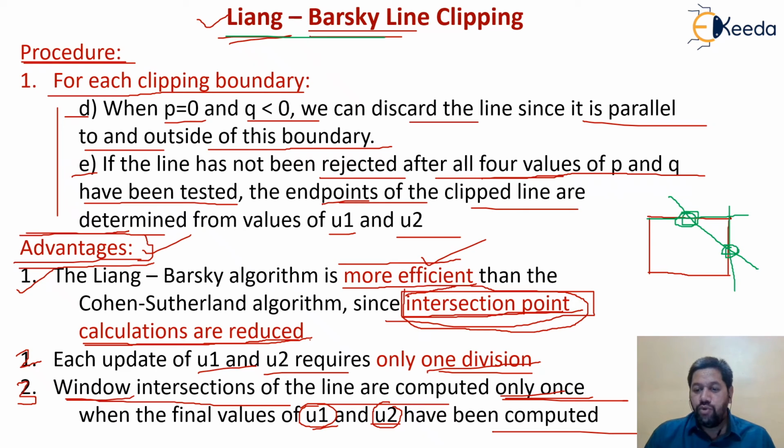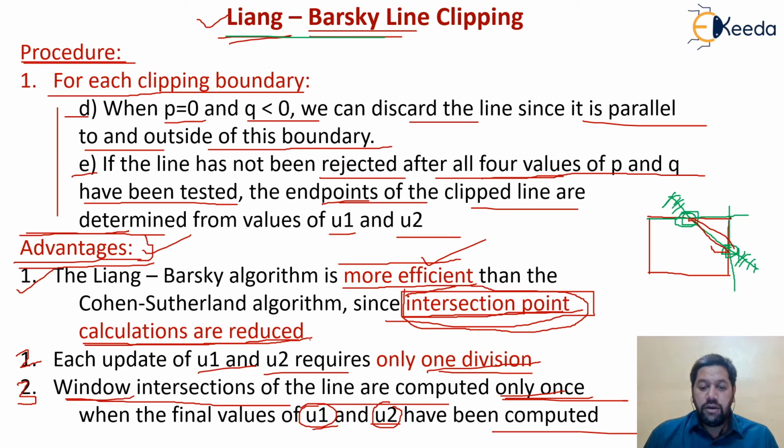When I find the intersection point here, I know I can discard the part which is outside the window. The line from this intersection point to this intersection point is visible and will be shown, and the remaining will be discarded.